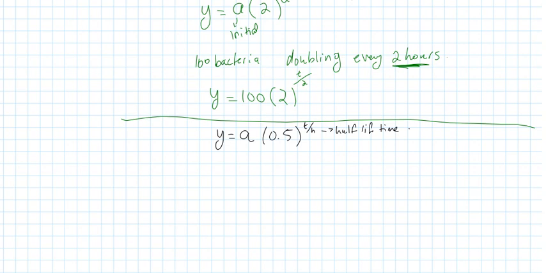Okay, so in this case, are you guys okay with this, or do you want me to give you an example? One example. Okay, so a radioactive material has a half-life of, let's say, 1,000 years.